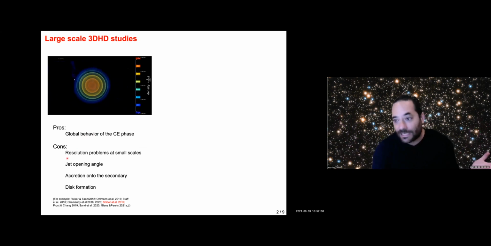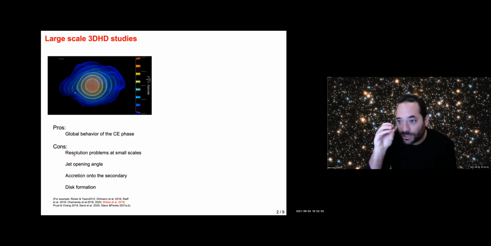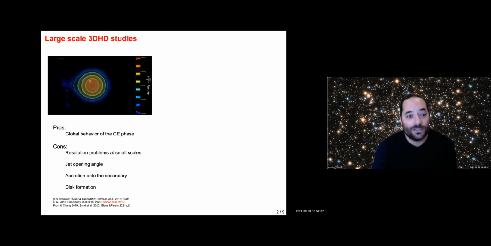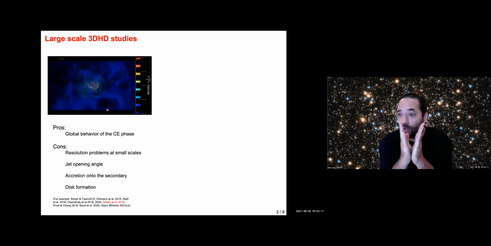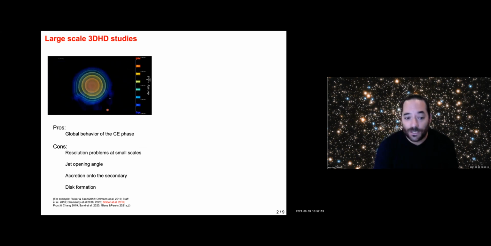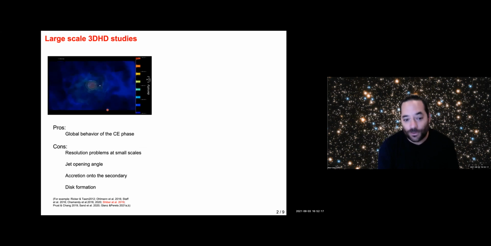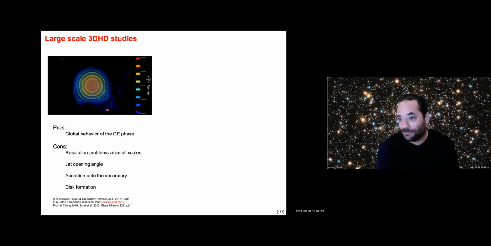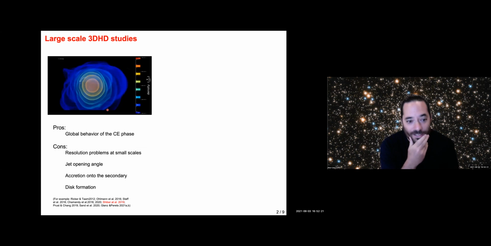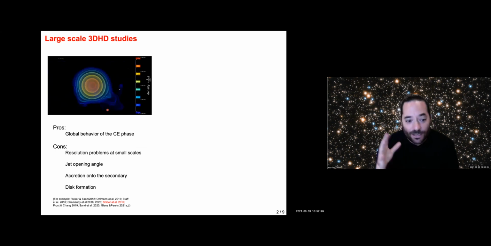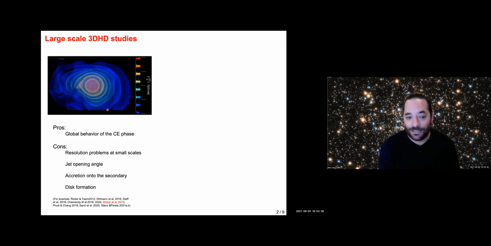The problem is that we have resolution problems, especially near the secondary, where it's launching a jet, and it's also difficult to resolve small opening angles. Of course, as we've seen, it's difficult to follow the accretion, and as Ryosuke pointed out, again, how is the disk formed?